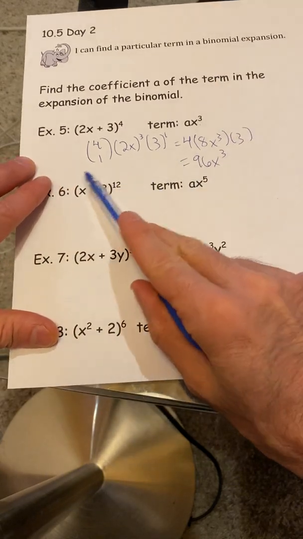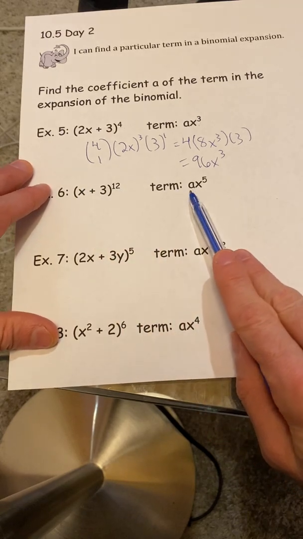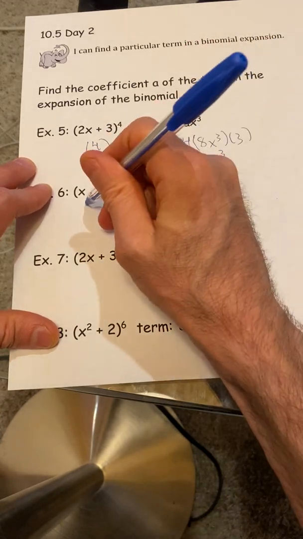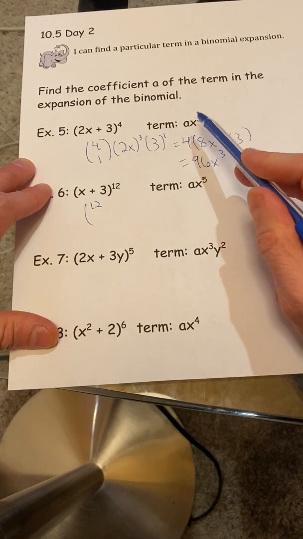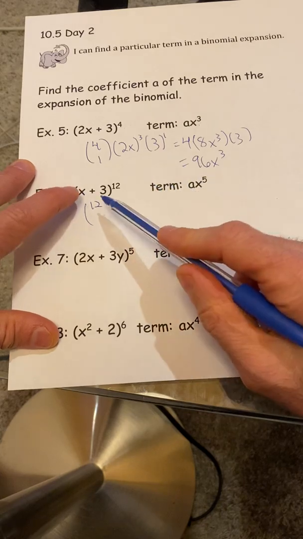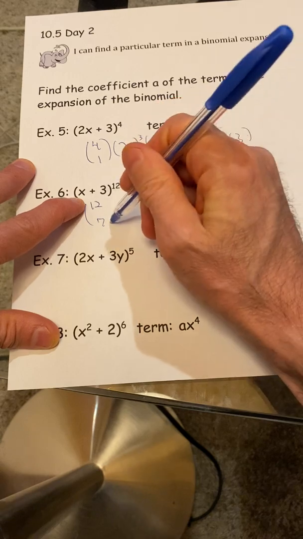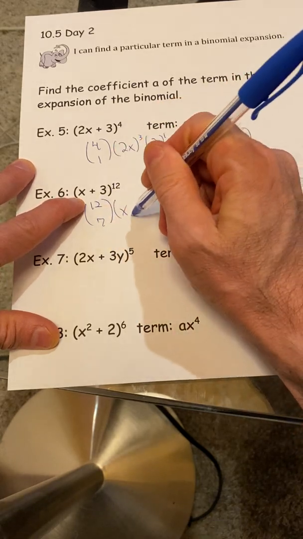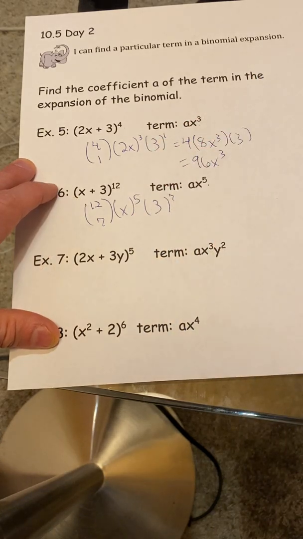Now, a little bit higher order one, x plus 3 to the 12th, the coefficient of the x to the 5th term. Again, what's going to end up happening here? 12, and then whatever the power of x is going to come from, we're going to take 12 minus 5, so this bottom number is 7. And then we're going to take x to the 5th and 3 to the 7th.